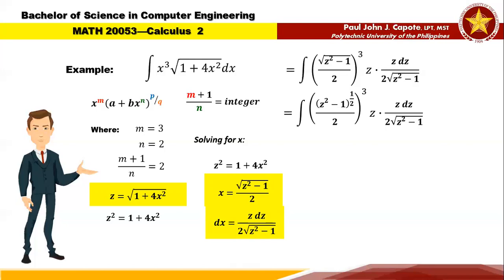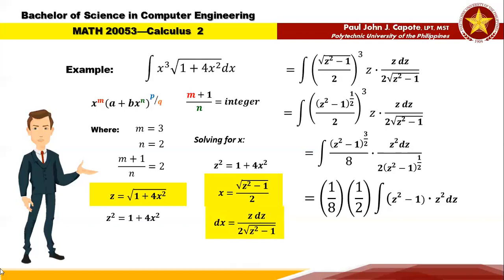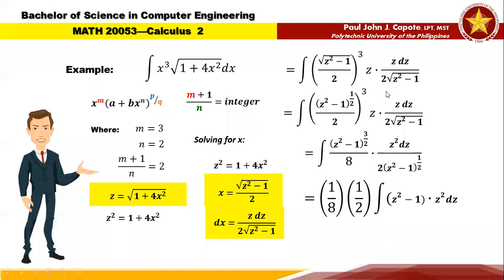Manipulating algebraic expressions, applying laws of exponent, then applying integral of the product, we multiply 1/8 times 1/2 times the integral of z squared minus 1 times z squared dz.